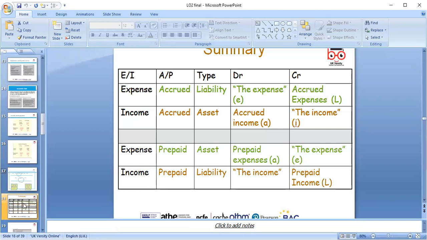When income is accrued, it is an asset: debit the asset and credit the income, because it is income but not yet paid. For a prepaid expense, debit the prepaid expense and credit the expense, so we can make the adjustment accordingly. Prepaid income is a liability, so we debit the profit and loss and credit the liability, because prepaid income is a liability.